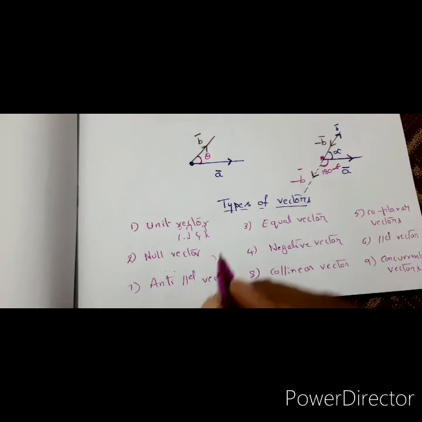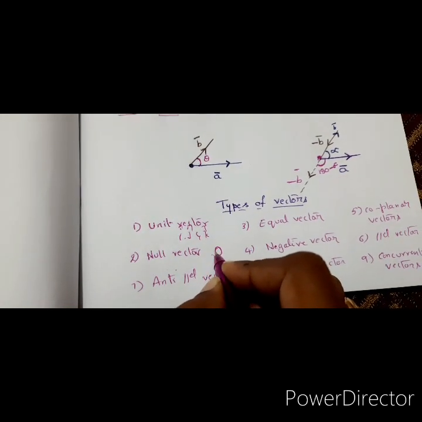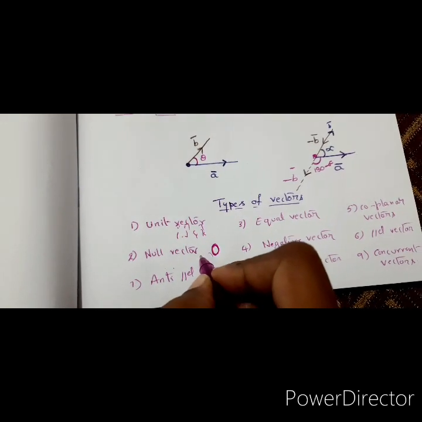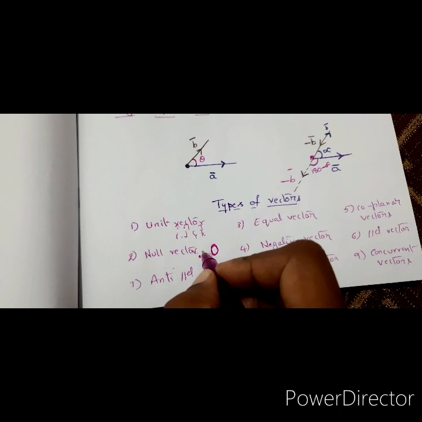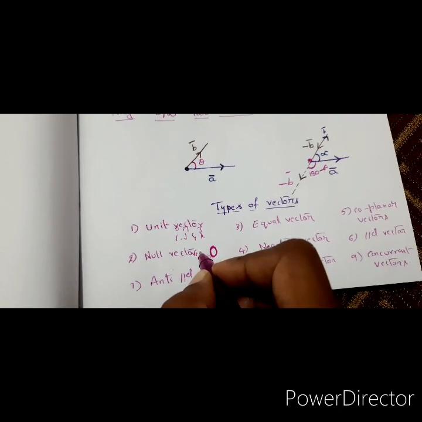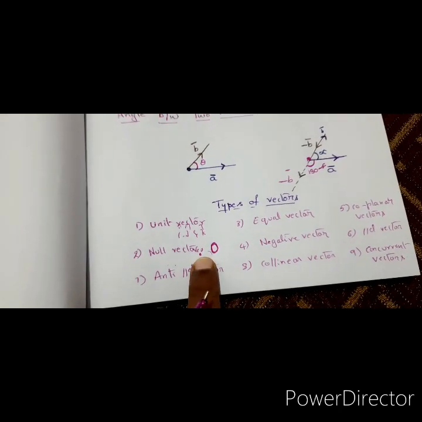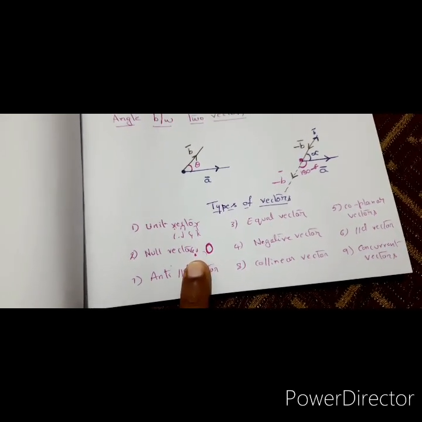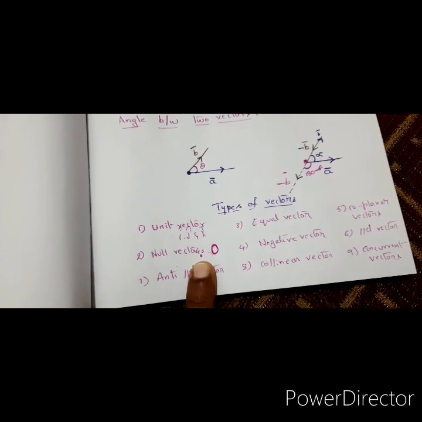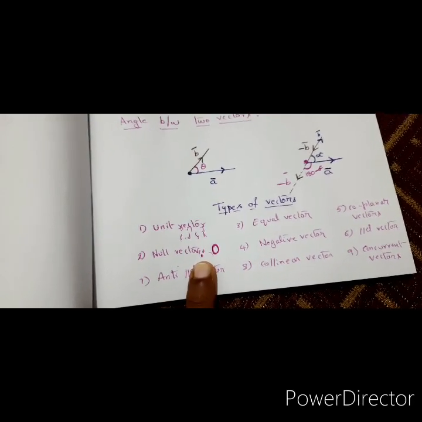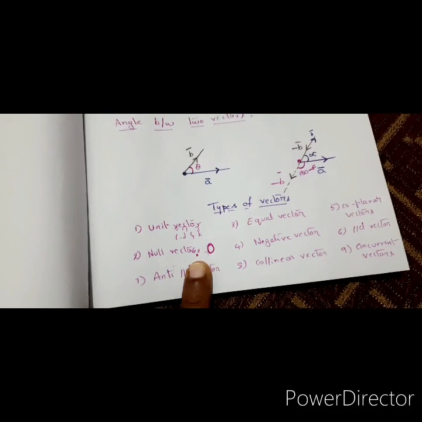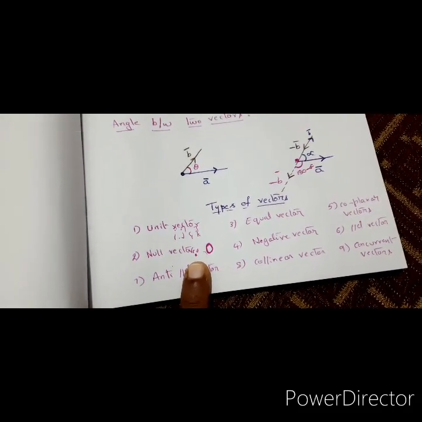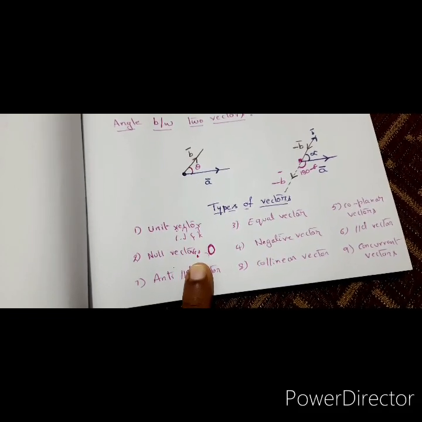Usually a null vector is a bold 0 or bold O. Graphically or pictorially we represent the null vector with a single point, where the starting and final points are the same. Whenever you speak about net displacement being 0, net force being 0, net velocity being 0, at such points you represent that as a null vector.